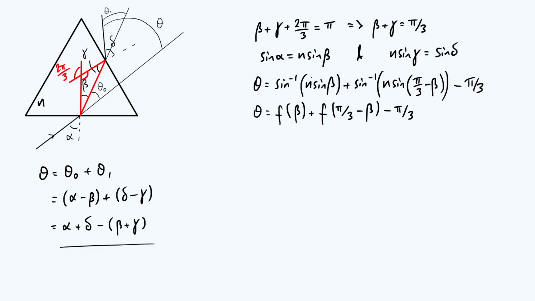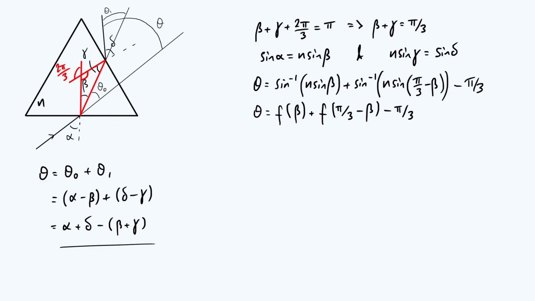Because the only difference between the first and second terms is that we've replaced that beta with a pi over 3 minus beta, right? So the reason for doing this is that it's going to help us to actually visualize how theta depends on this angle beta.